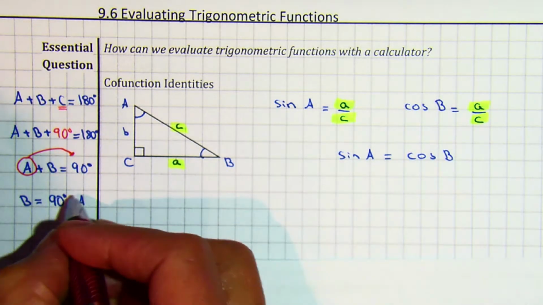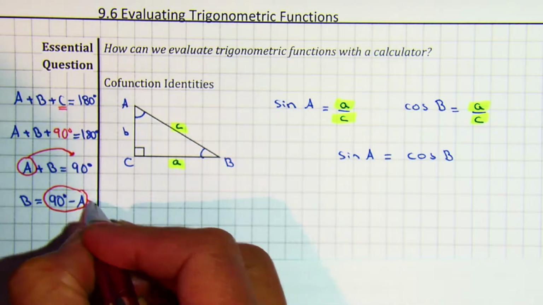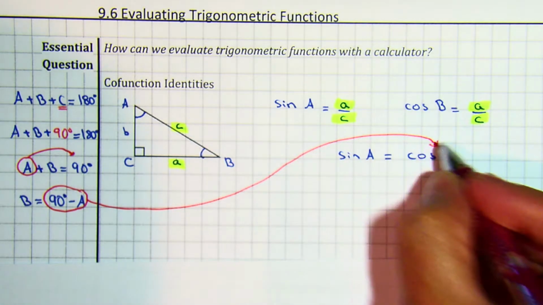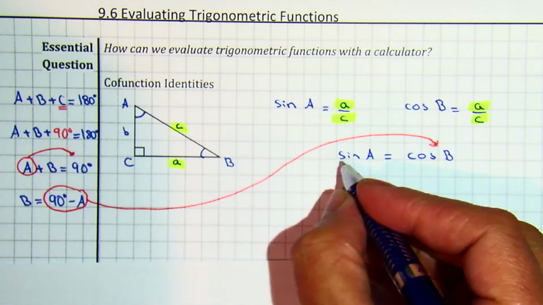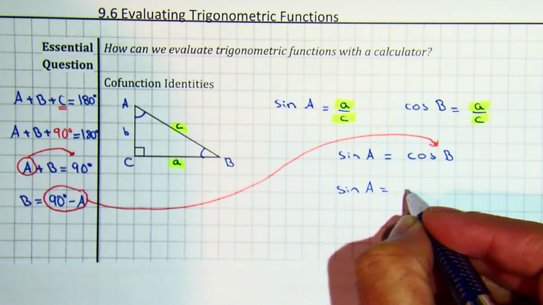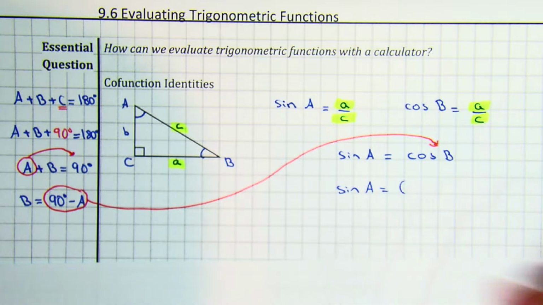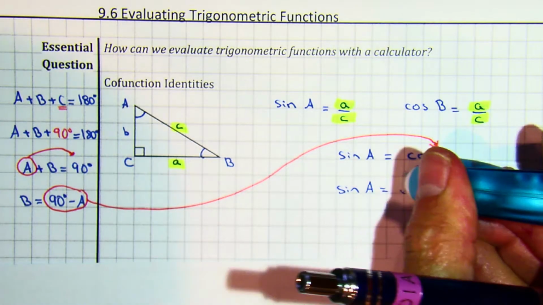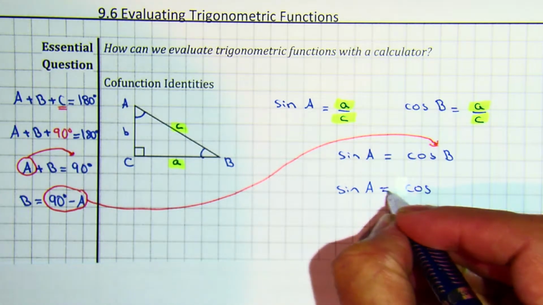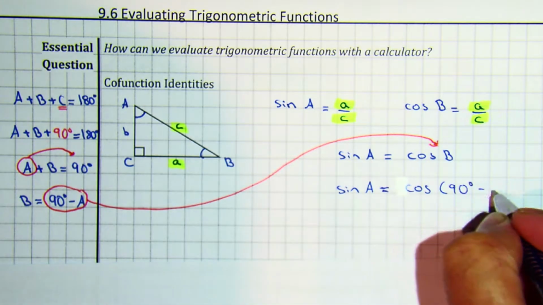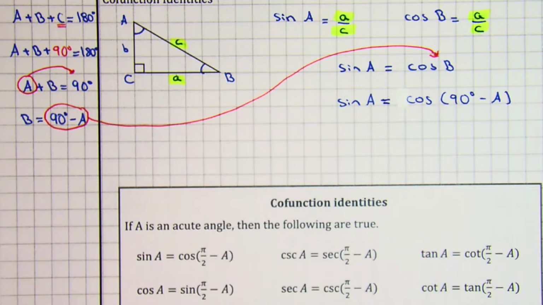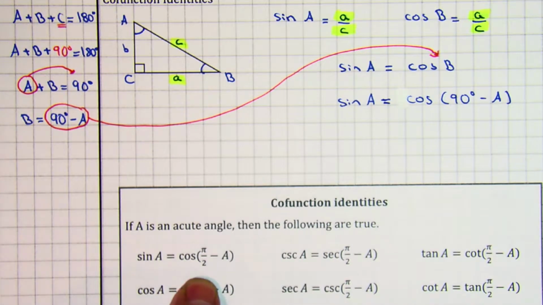And I'm going to take the measurement of B and I'm going to replace it over here. Therefore, since the sine of A is equal to the cosine of B, now the sine of A is equal to the cosine of 90 degrees minus A. And that's how we get our first cofunction identity.